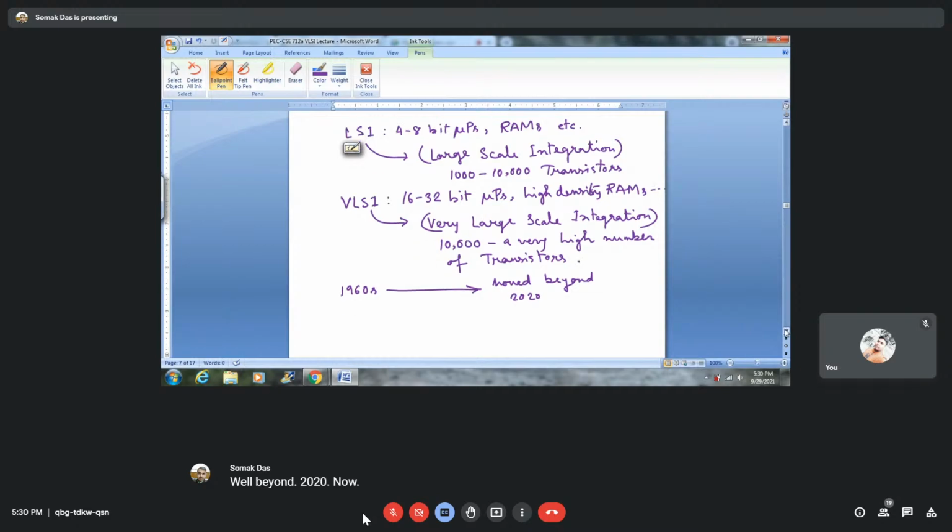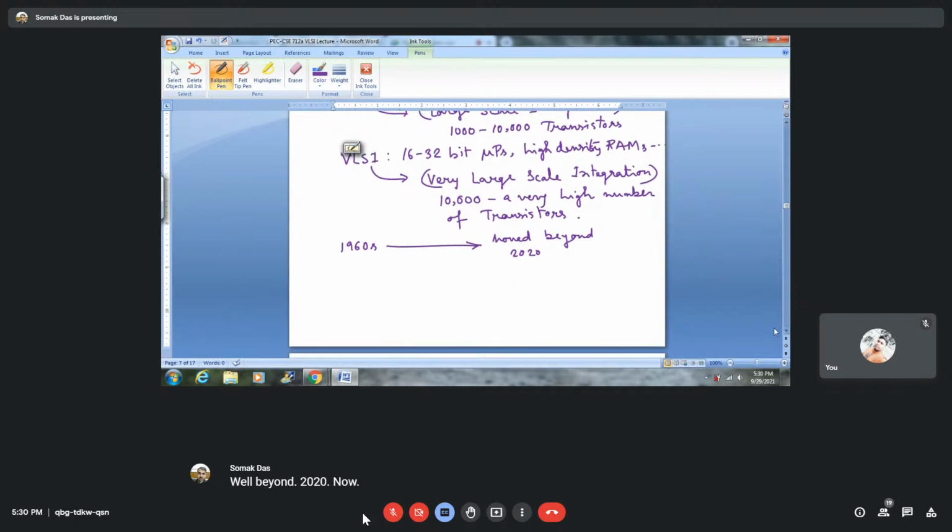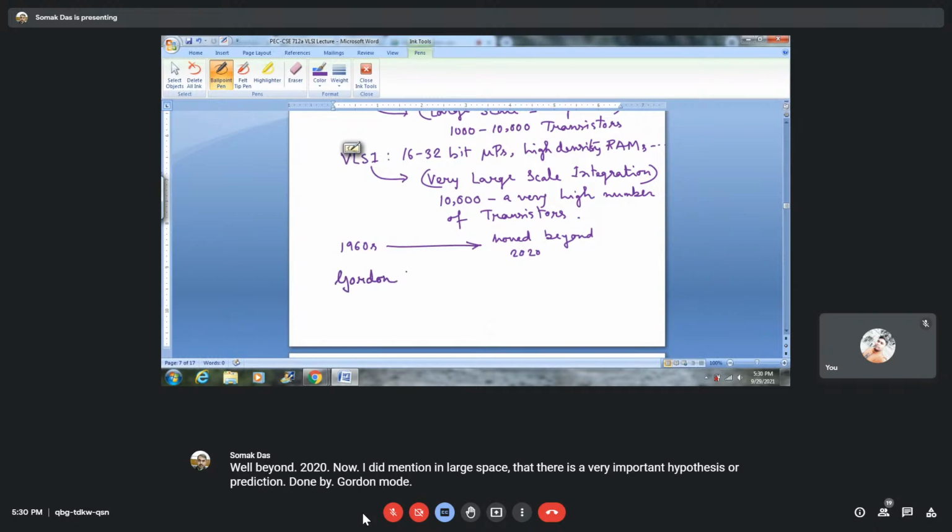Now, I did mention last day that there is a very important hypothesis or prediction by Gordon Moore, typically named Moore's law.